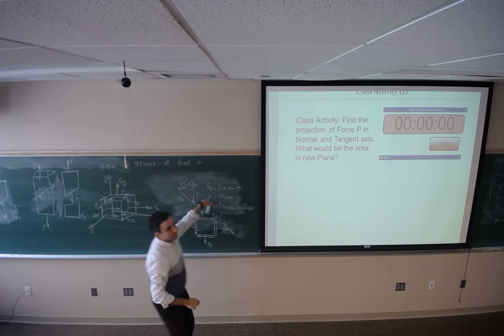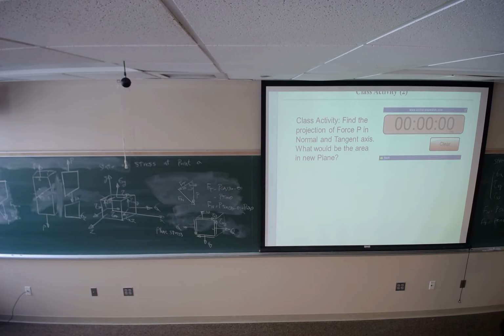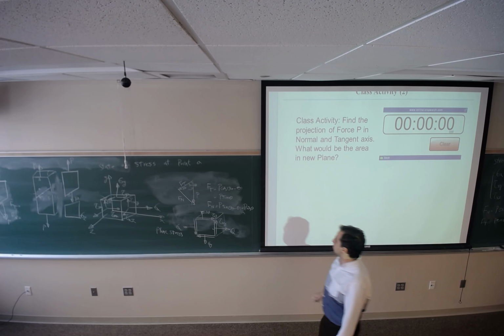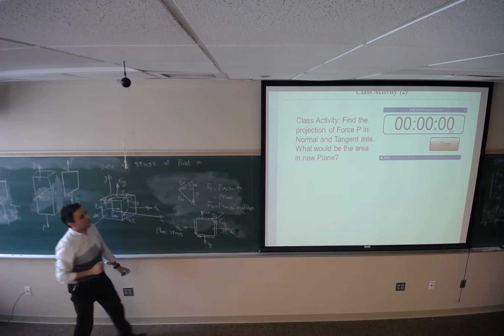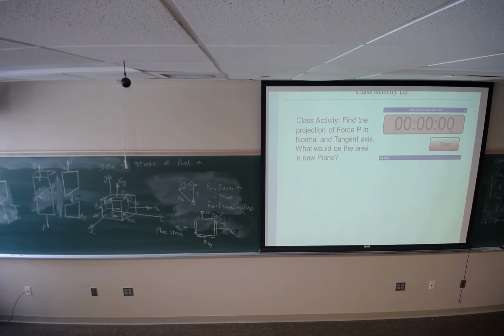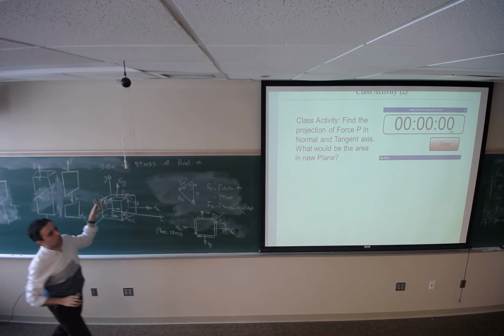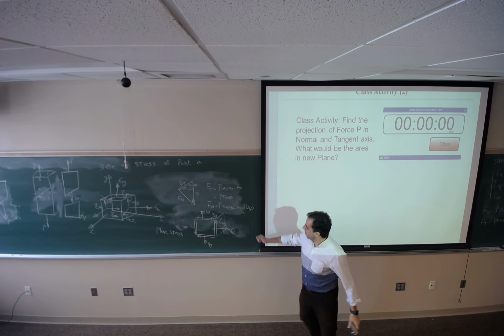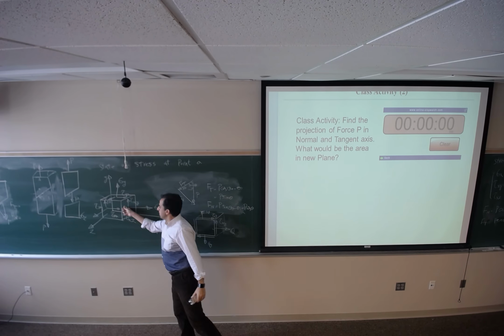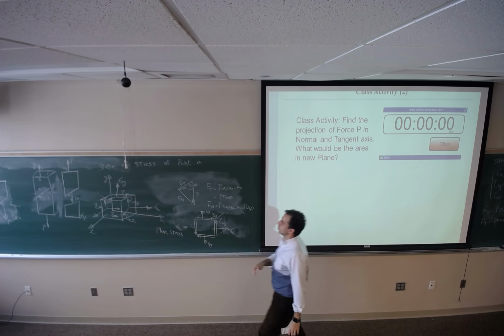Everybody can see why the normal is P cosine and the tangent is P sine. Good. Okay. Make sure that you are following because we are going to go to this one shortly.